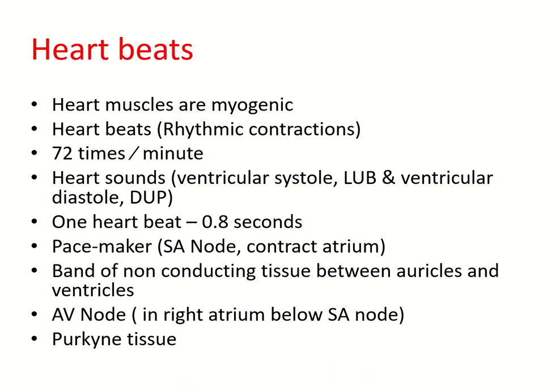Well, those stimulations are unable to reach the ventricles due to the presence of a non-conducting band between the auricles and ventricles. So for ventricular contractions, there is a separate part which is called the auriculoventricular node that is actually present just below the right atrium, below the sino-auricular node. Also, that is called Purkinje tissue.